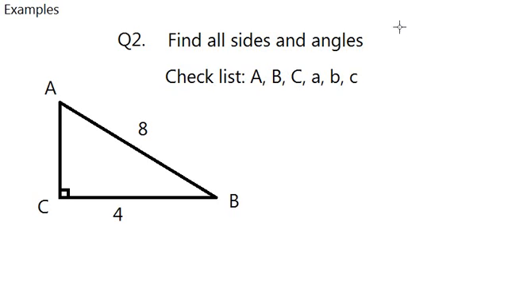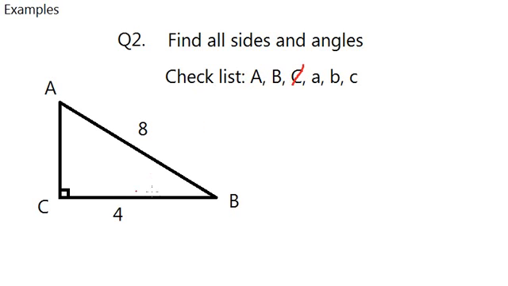So let's see. In this diagram, we have no idea what A is, no idea what B is, but we do know that C is 90 degrees, so we can cross that out. And so we've crossed C out.